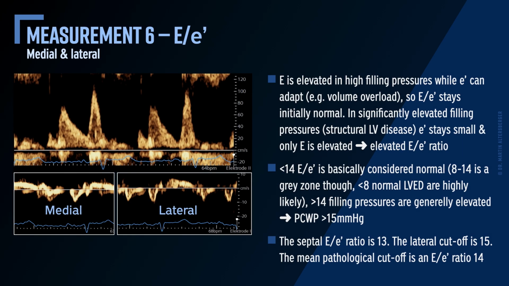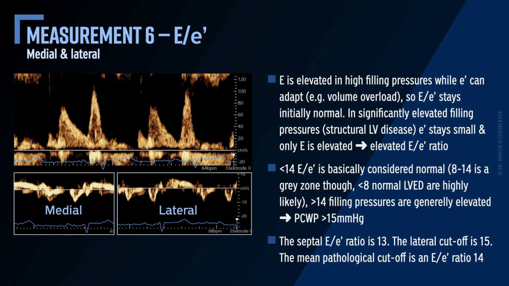So continuing with the next measurement, we can measure an E to E prime ratio. So the E wave versus the E prime wave can create a ratio. And the E is elevated, we said already, in high filling pressures. The E prime can adapt, so volume overload, for example. So E to E prime stays initially normal due to the adaptation of the E prime.